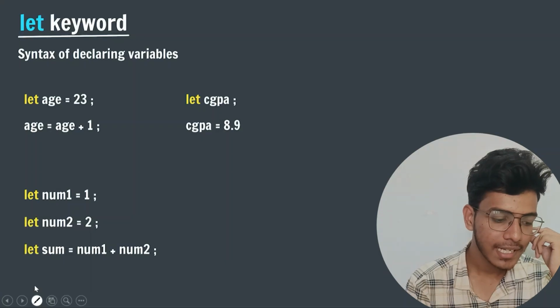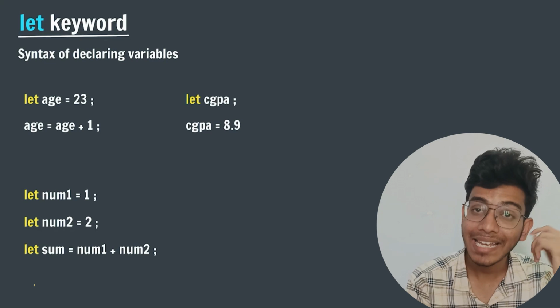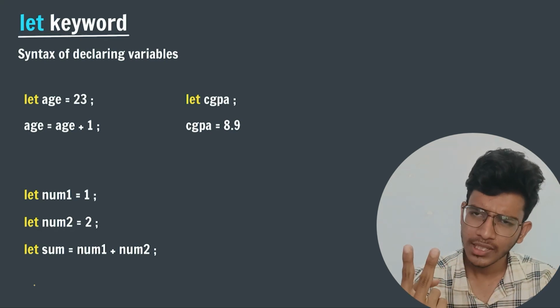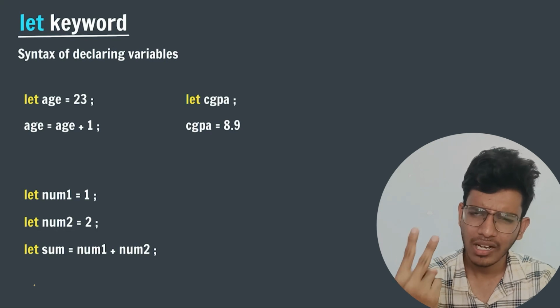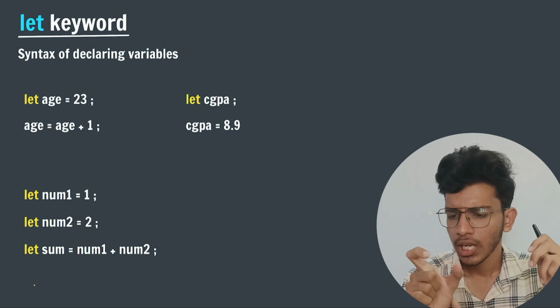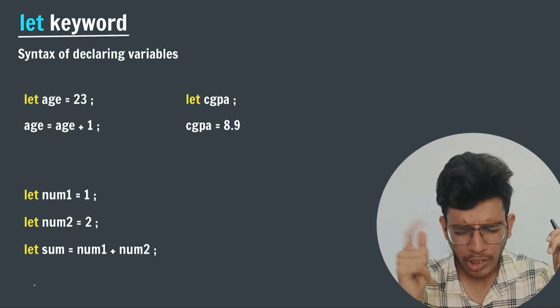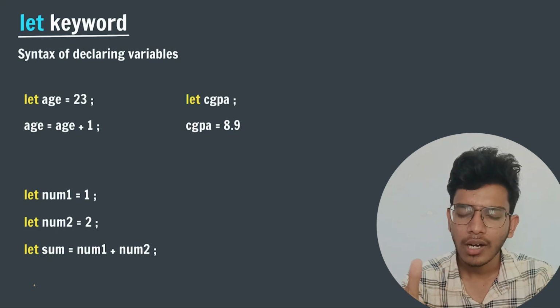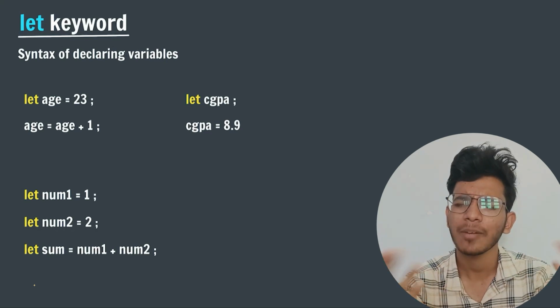The next interesting concept is how we can declare a particular variable. So there are two methods through which we can declare variables in JavaScript. Now I want you guys to recall the concepts of Java. In Java we have learned how to declare a particular variable.